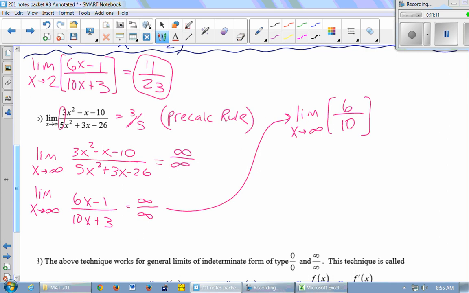You just keep taking derivatives until you can get an answer. The limit as x goes to infinity of 6/10 is 6/10. If you had a 10th degree polynomial in here, you might have to take 10 derivatives.